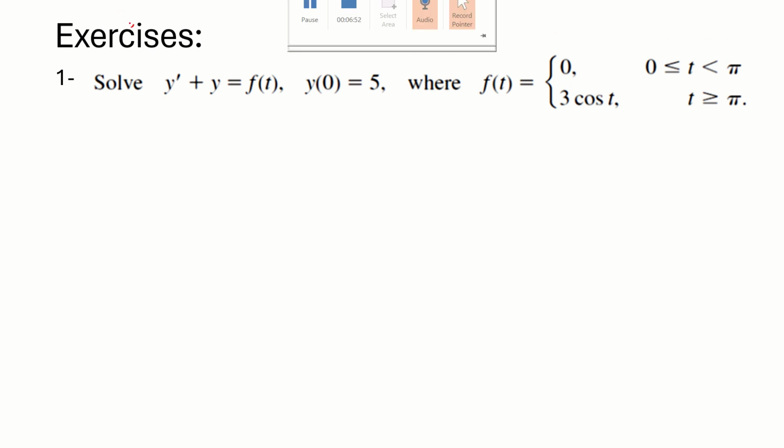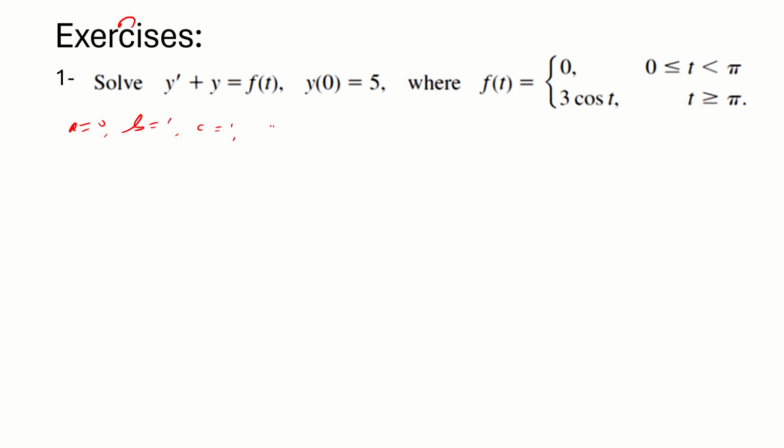So you see in this case a is 0, b is 1, c is also 1, y naught is 5, whereas y1 is obviously 0. f of t in this case is a piecewise defined function, which is given as 0 for t in the interval 0 to pi, whereas its value is 3 cos t for t greater than or equal to pi.